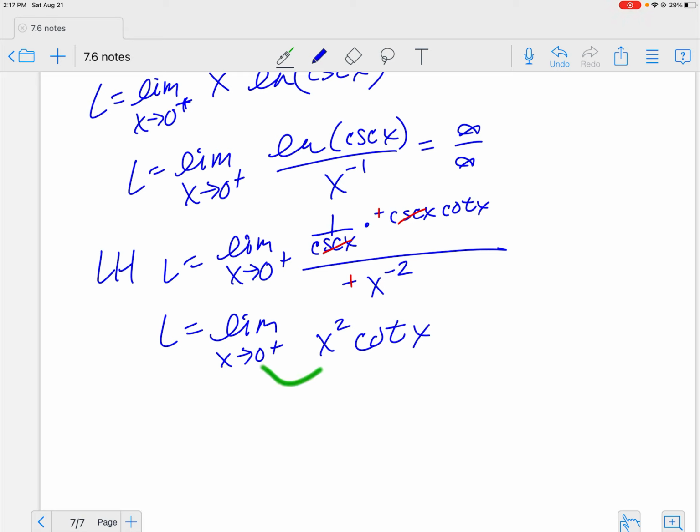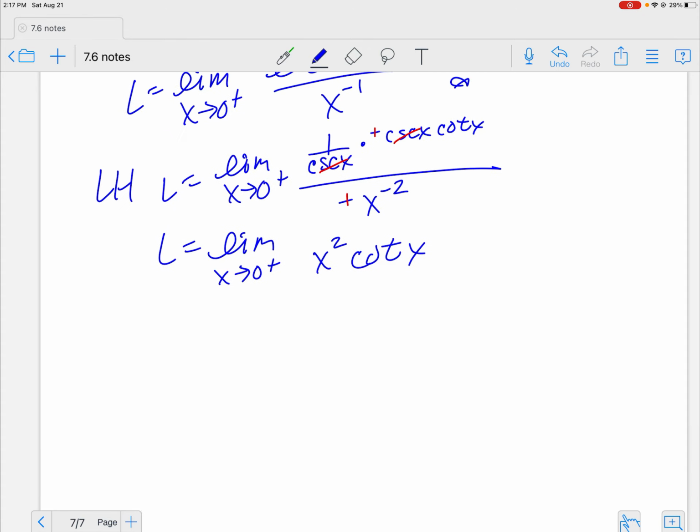Now, if I plug in a 0, 0 times anything there is 0, and I have this cotangent. And if I switch this up, cotangent gives me cosine over sine. Let's see if that's helpful.